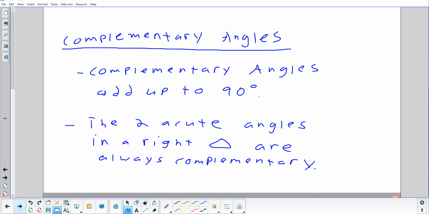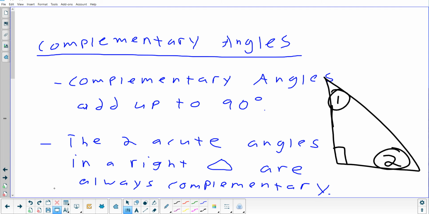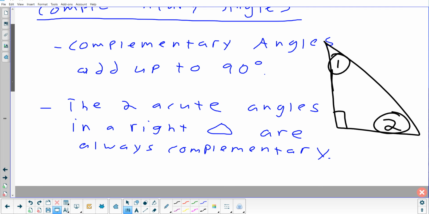If you draw a right triangle, there are two acute angles, which I just labeled angle 1 and angle 2. Why will the 2 acute angles always be complementary?